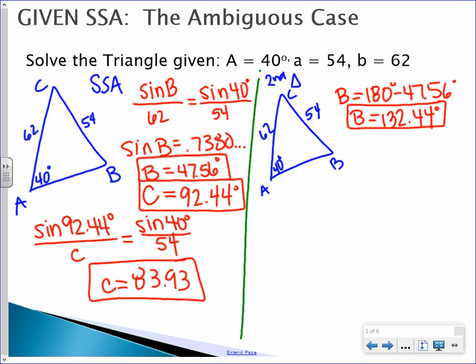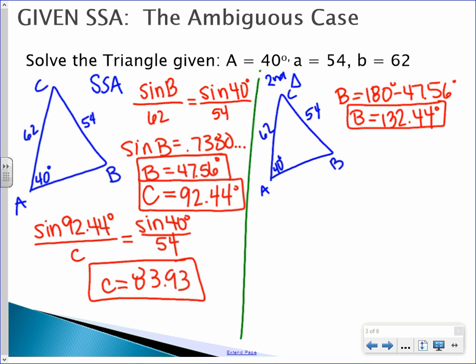Okay, so Caleb, how do we know if we have a second triangle? Let's come over here. We found angle B to be 132.44 degrees. Angle A remains as 40 degrees.